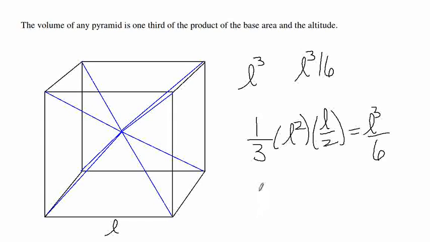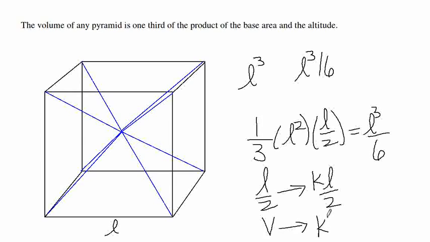So, in other words, if the new altitude was the old altitude multiplied by, say, K, so L over 2 is the old altitude, and now the new altitude is K times L over 2. Well, then the old volume is going to be replaced with K times the old volume, K times V.